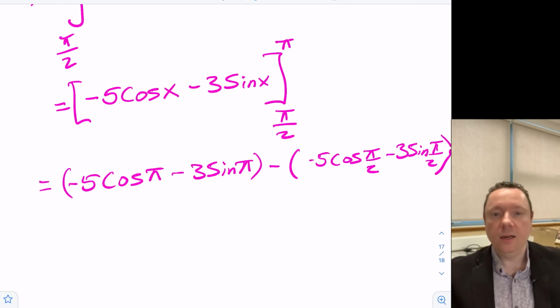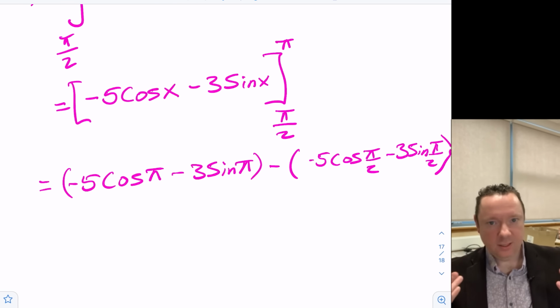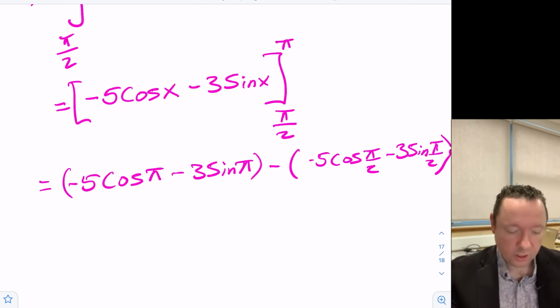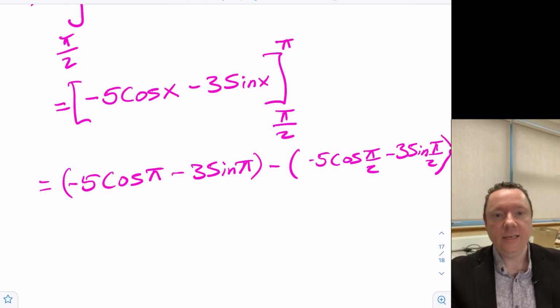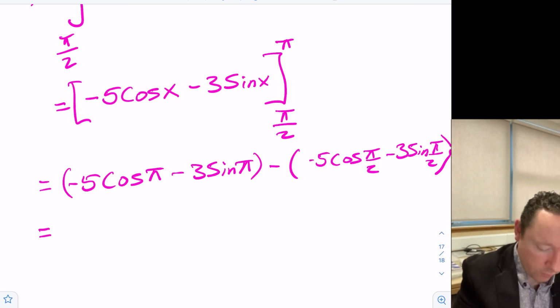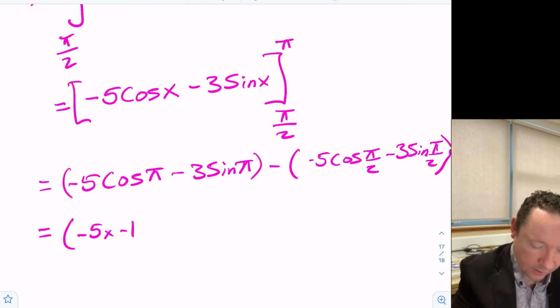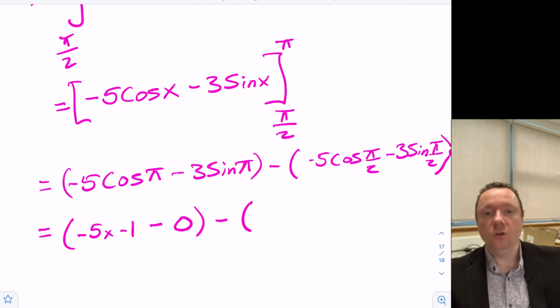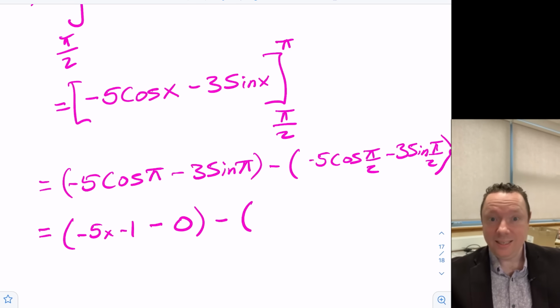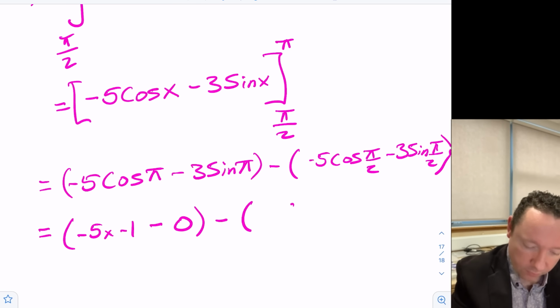Now, although I'm doing it in radians, I like to think in degrees. So I know that pi is 180. The cos of 180 is just minus 1. So that's minus 5 times minus 1. And the sine of 180 is 0. So that's minus 0. And then take away, pi over 2 is 90. The cos of 90 is 0, so that is 0 for the first term.